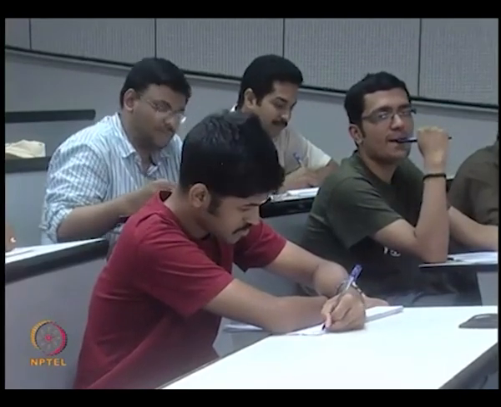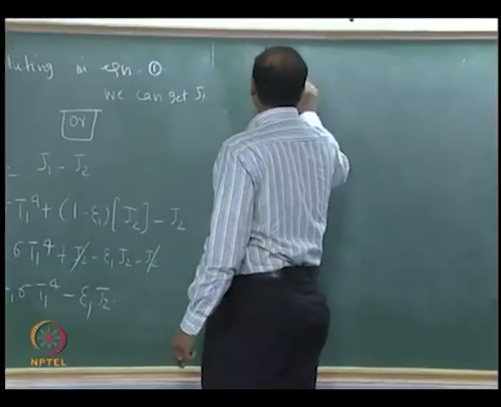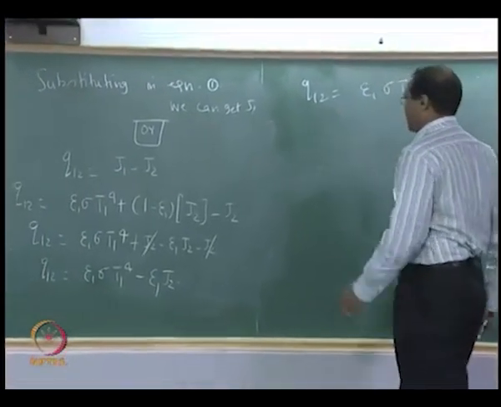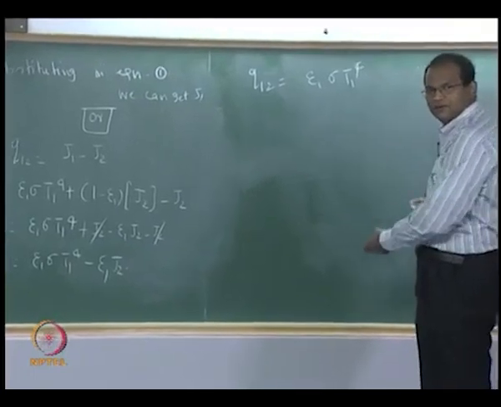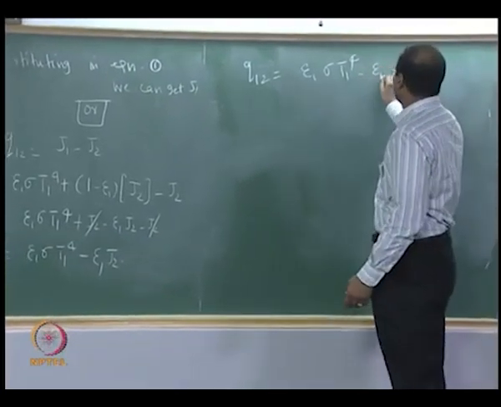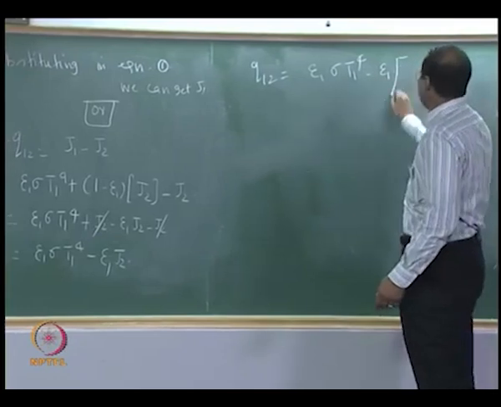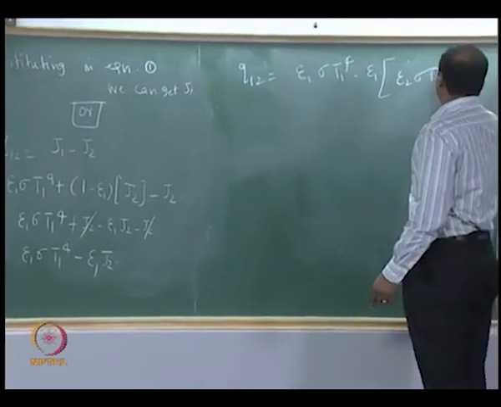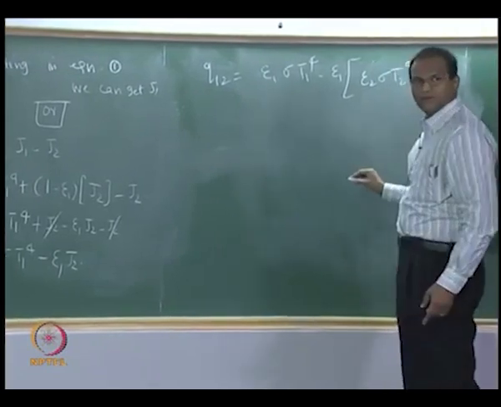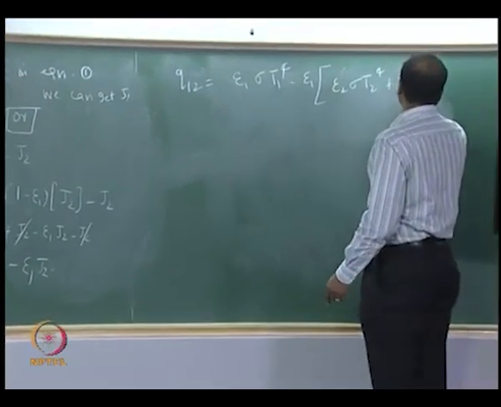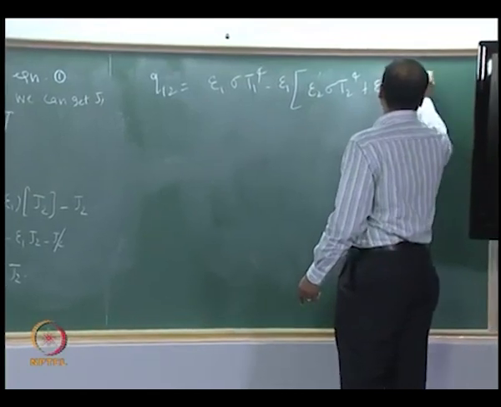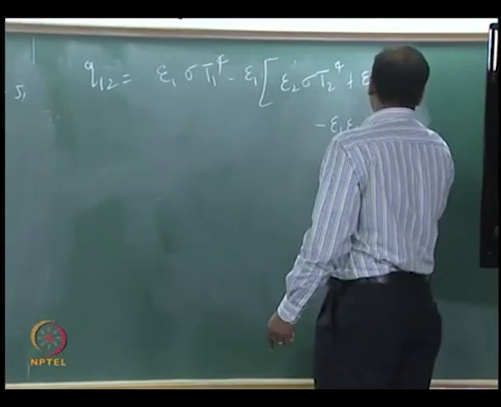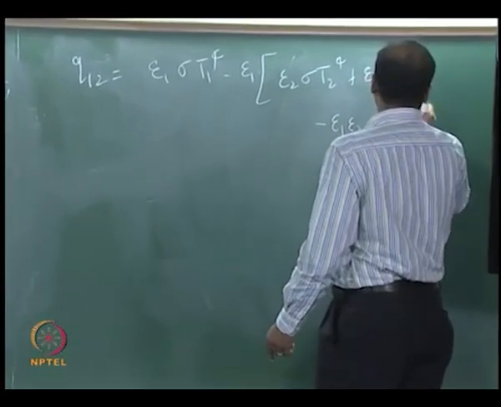Okay, so Q12. I erased the J1, J2. So epsilon 1, epsilon 2, sigma T2 to the power of 4, A1 by A2. Epsilon 1 A1 by A2, sigma T1 to the power of 4, minus epsilon 1 epsilon 2 A1 by A2 sigma T1 to the power of 4.